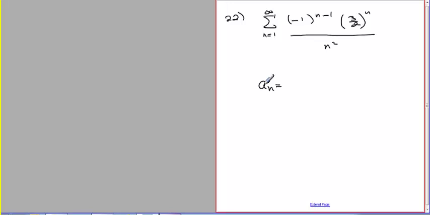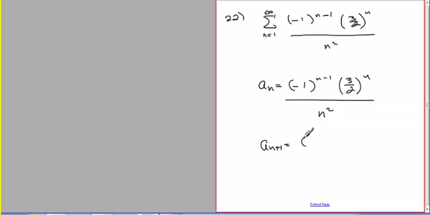So a sub n is negative 1 to the n minus 1, 3/2 to the n divided by n squared. So a sub n plus 1 is going to be negative 1 to the n plus 1 minus 1 times 3 halves to the n plus 1 divided by n plus 1 quantity squared.